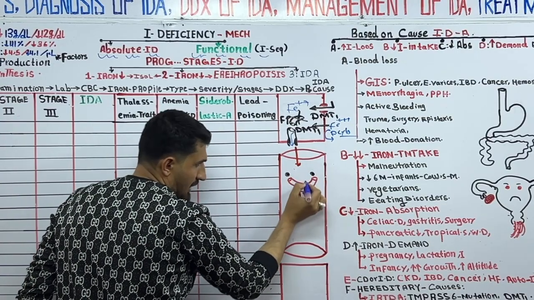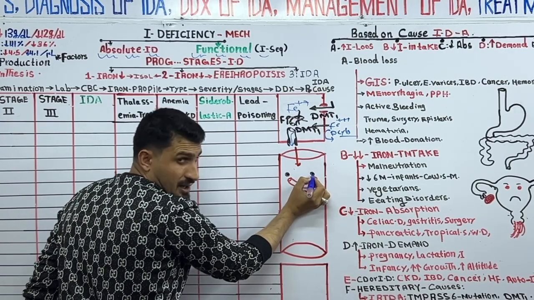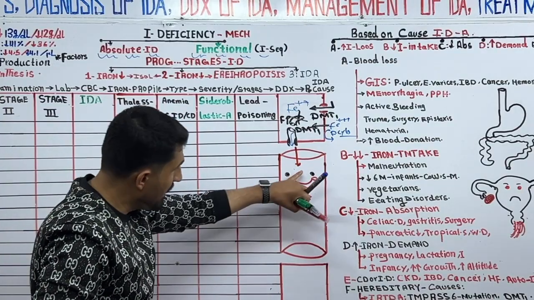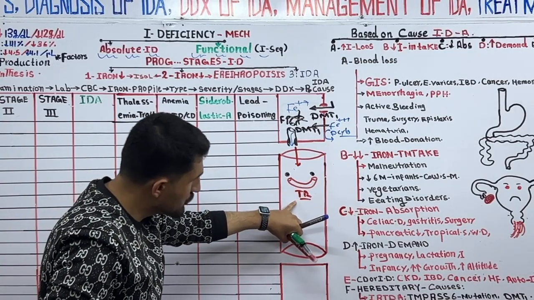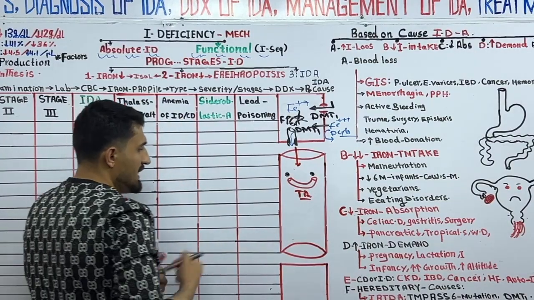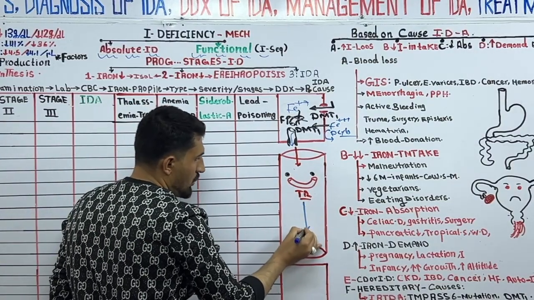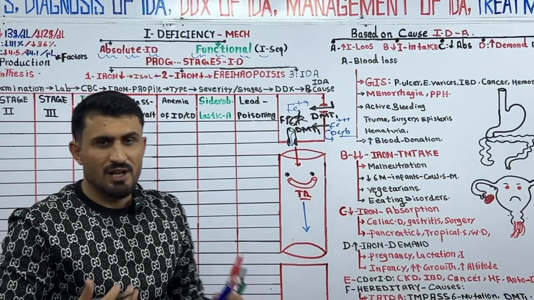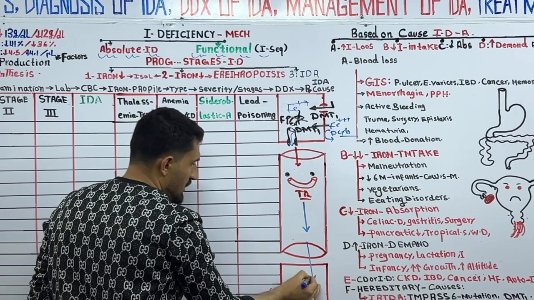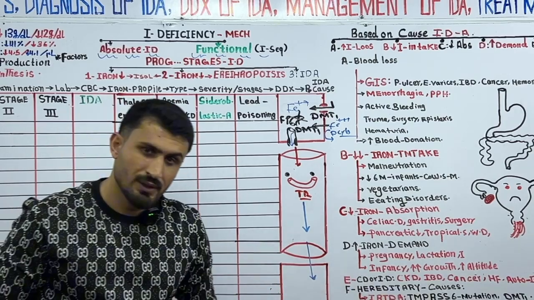The combination of iron plus apotransferrin is called transferrin, okay. So now this transferrin, or this iron, will be transported to different parts of the body, and it will be used by different tissues. Got it?